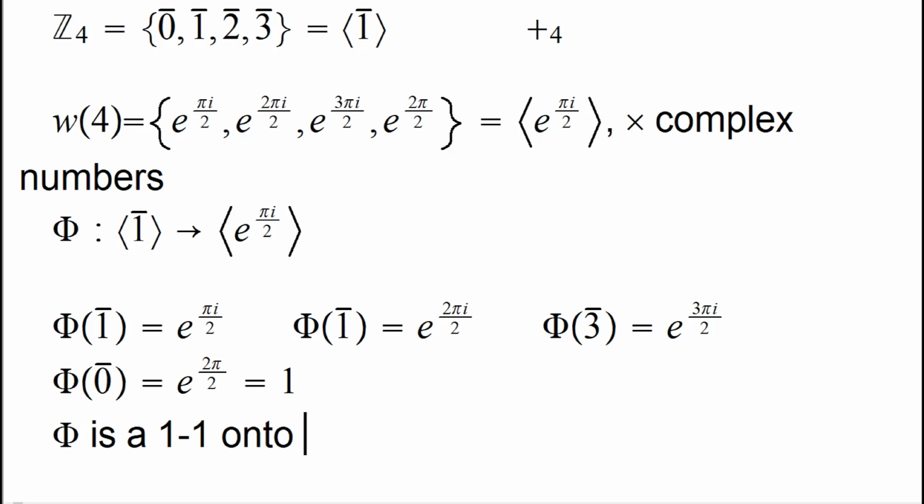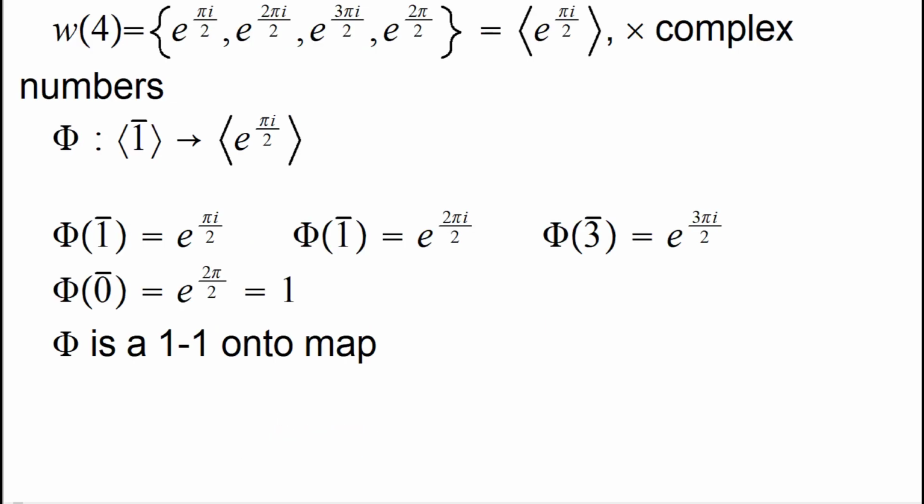So we see this here, that phi is a 1-1 onto map. And in addition, if you take the product of any two elements, or say if you combine any two elements, for instance, let's do this here. By the way, here there is a typo, so I corrected that typo.